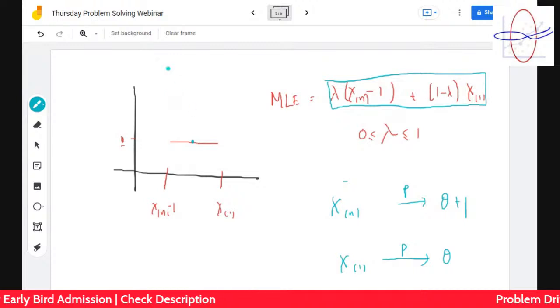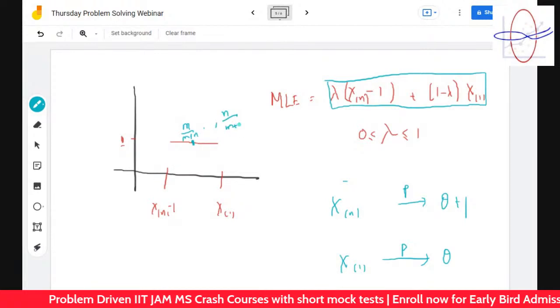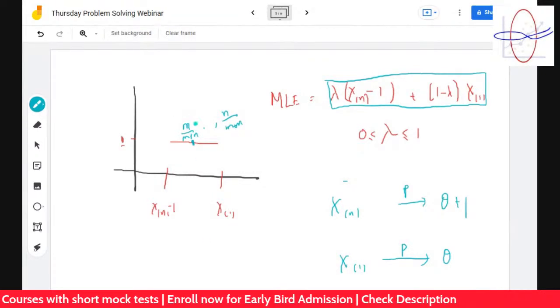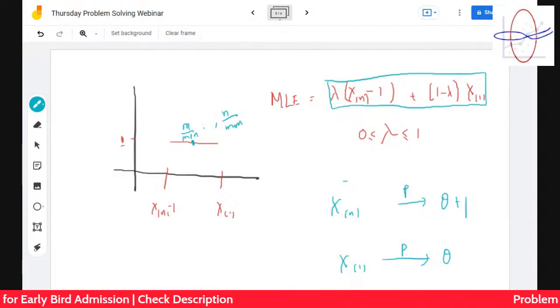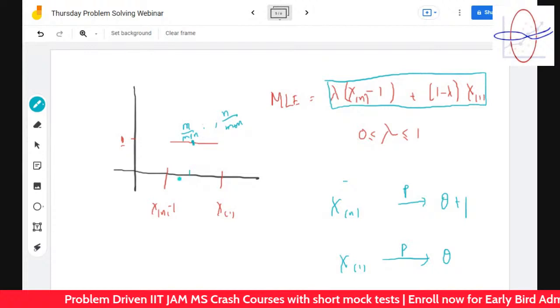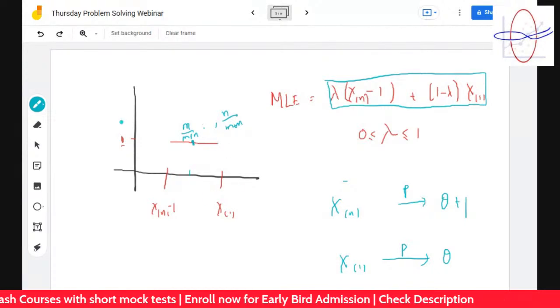Do you remember in your coordinate geometry that any point within this can be written as m by m plus n times this point, comma, n by m plus n times this point? It's less than 1, right? You can understand it as the relative distance. That's the idea.